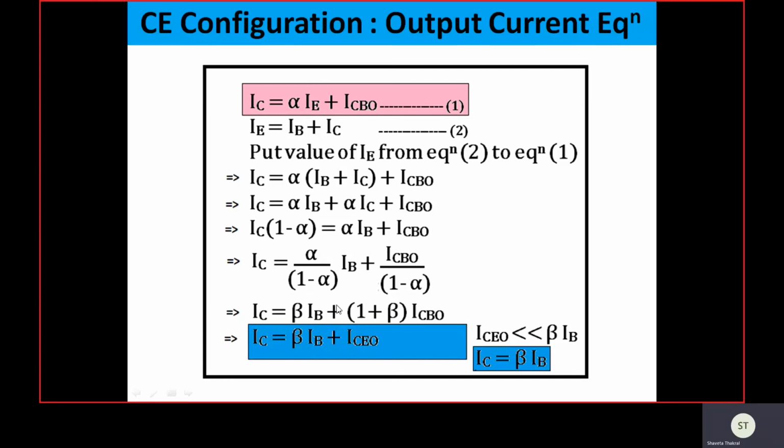Alpha divided by 1 minus alpha is beta, and 1 upon 1 minus alpha can be written as 1 plus beta. So we have IC is equal to beta IB plus 1 plus beta times ICBO, and we can assume this term, 1 plus beta times ICBO, as ICEO. Finally we have this equation, and this is the equation of current defined in the active region of operation.